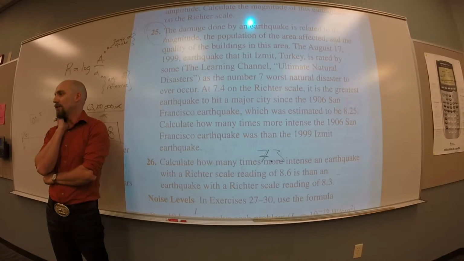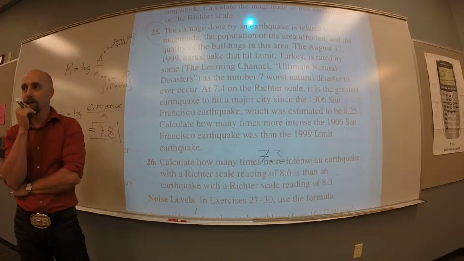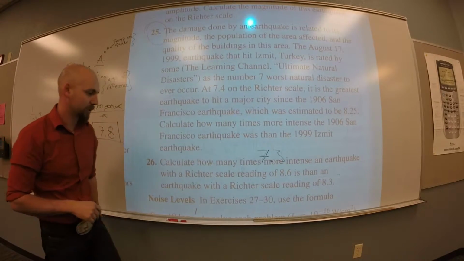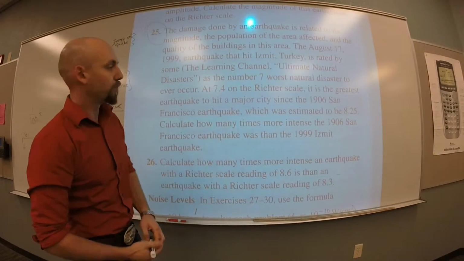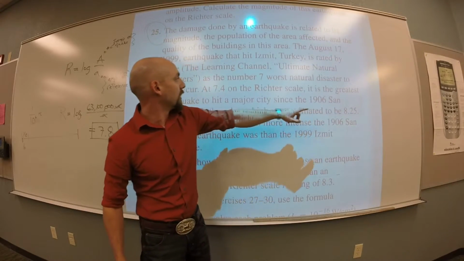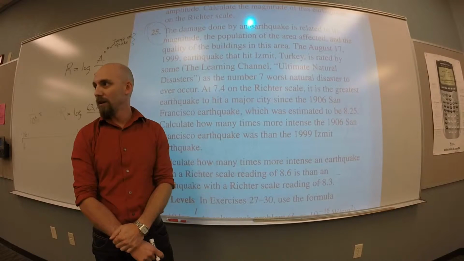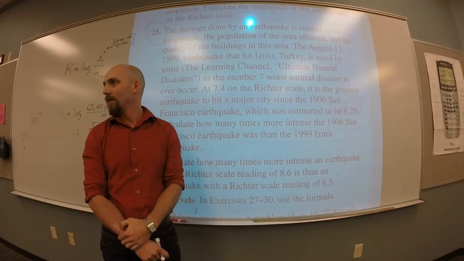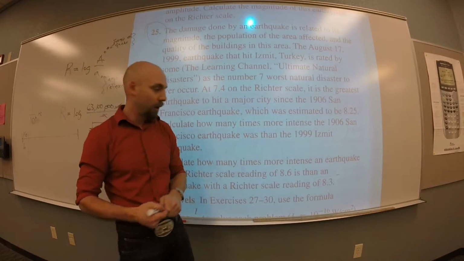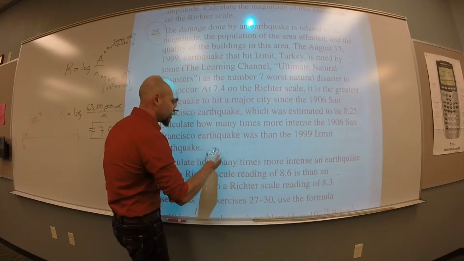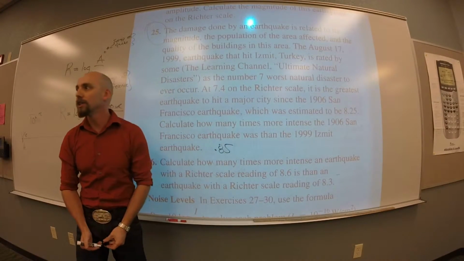So, how far apart were they on the Richter scale? How about that, for starters? The difference on the Richter scale between 8.25 and 7.4 is what? Just subtract. So what's 8.25 minus 7.4? 0.85. Okay, so that's 0.85 different. And remember, these are logs.